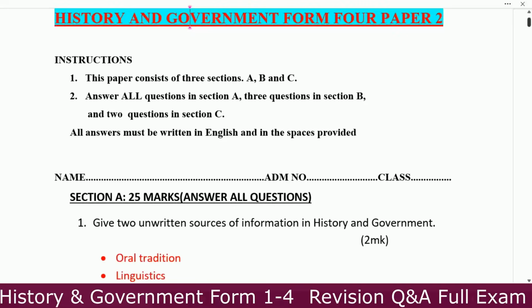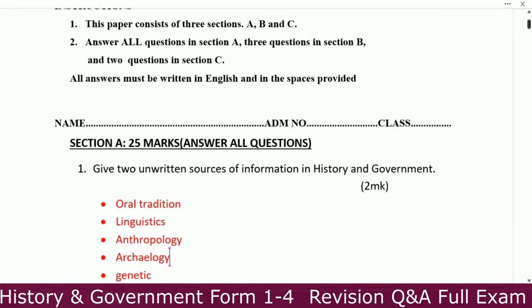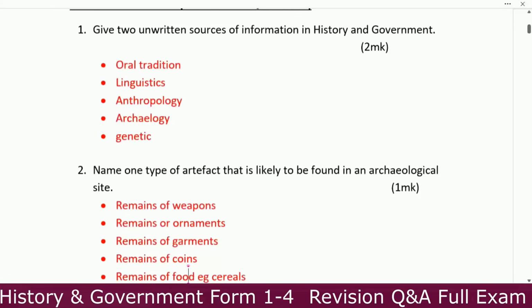You answer 3 questions in section B, and you answer 2 questions in section C, and then you must write that work in English. So this is how the paper looks like, and let's go straight to question number 1.